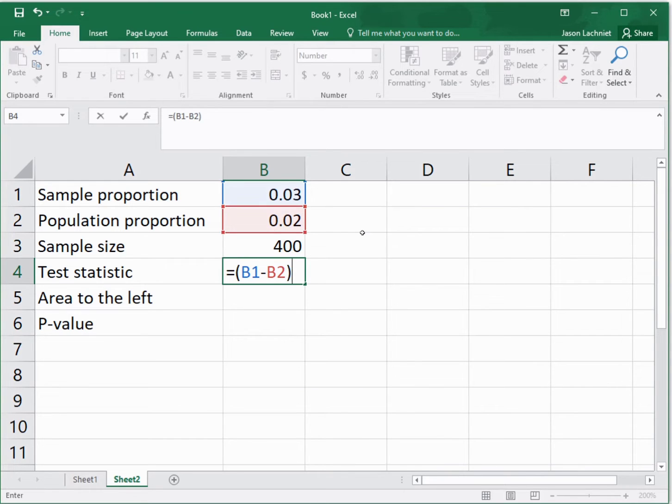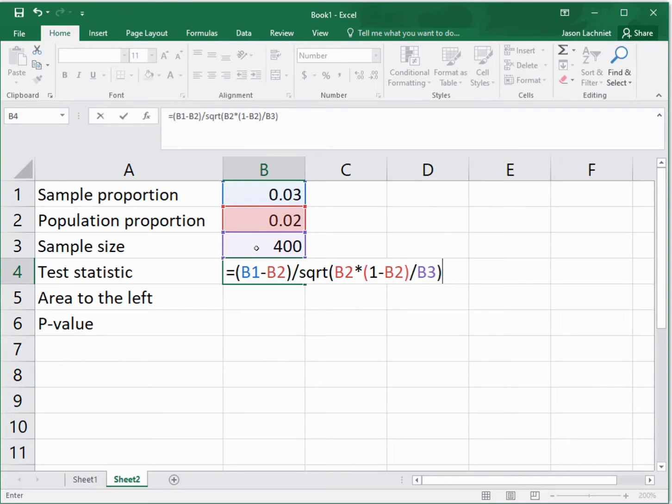Close the parentheses around the numerator, divide by the square root, SQRT, parentheses, and then it's going to be p times 1 minus p. This is p from the null hypothesis, 0.02, times, in parentheses, 1 minus p. Still clicking on p again. That divided by the sample size n all fits inside that square root, which is in the denominator.